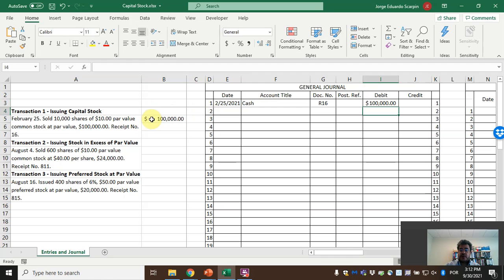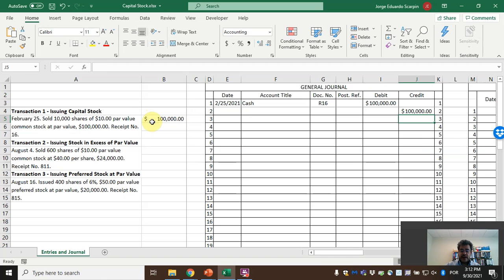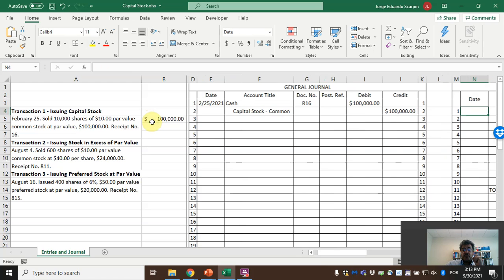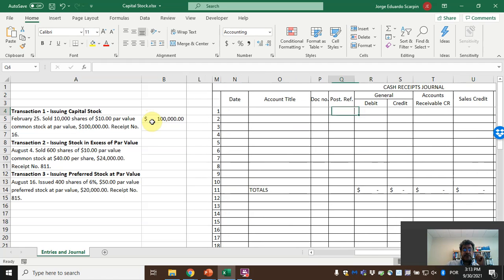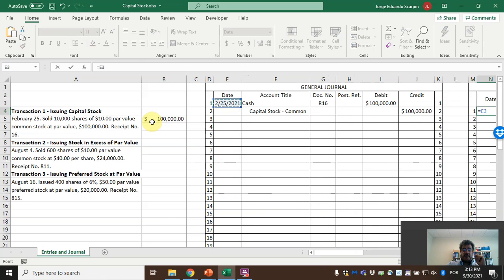Debit, 100. Credit. What is our credit? Capital stock, common stocks. Now, cash receipts, we are receiving money. So, the date, February 25th.